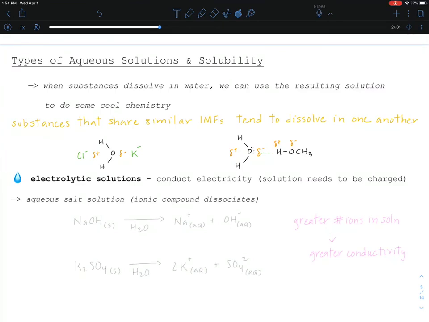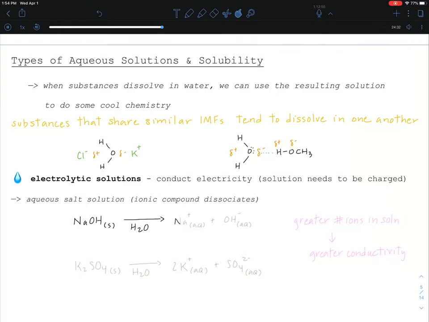Our first example will involve simply an ionic compound that's going to dissociate. So we can take, I don't know, sodium hydroxide. That is a solid at room temperature, and it's a metal hydroxide. We haven't gotten into acid-base chemistry yet, but group 1 metal hydroxides are pretty strong bases, meaning this is going to dissociate completely in the water.